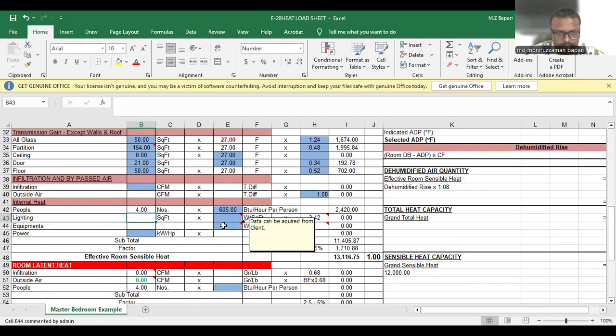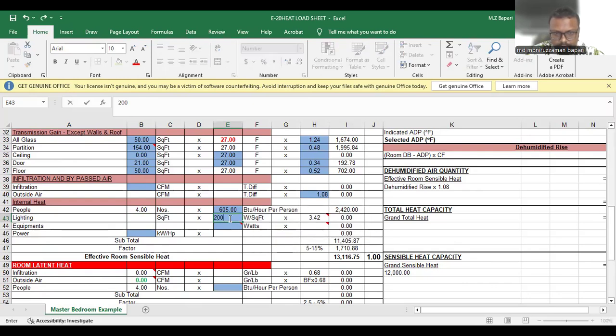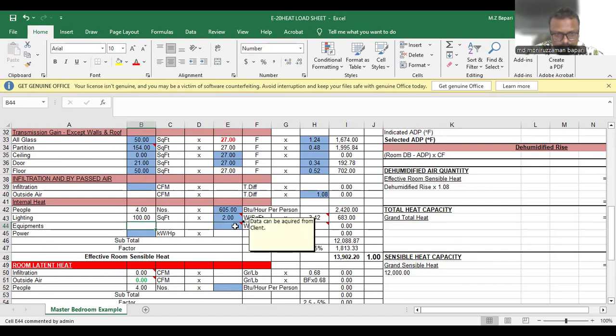Lighting, let's directly put it in watts: 200. Actually, you can do it by watt per square feet, like 100 square feet, and every square feet is 2 watts. And equipment, let's put it directly. Equipment, we have the coffee machine.